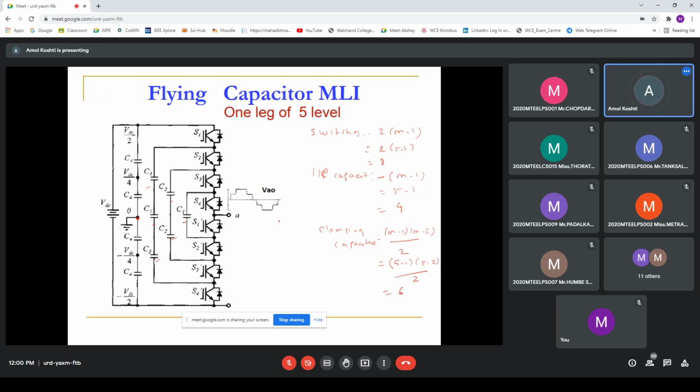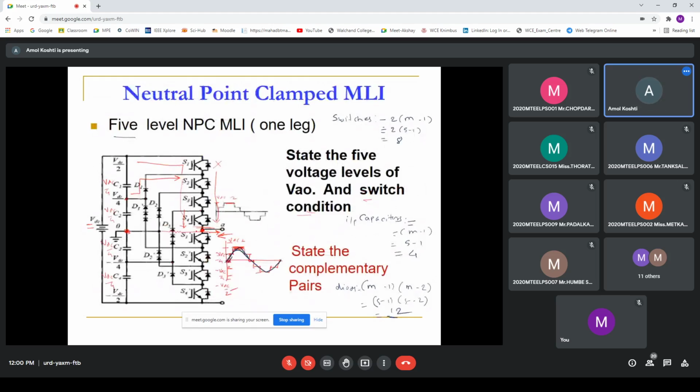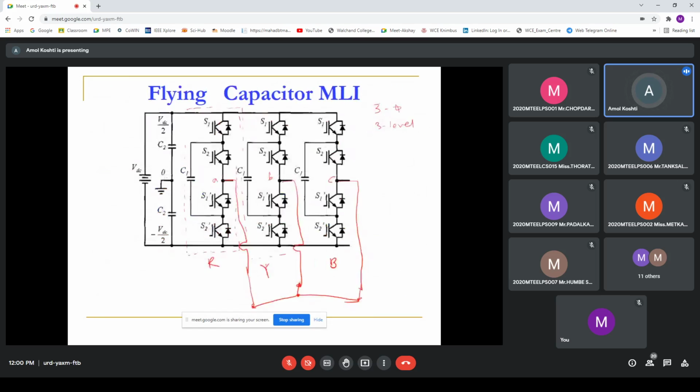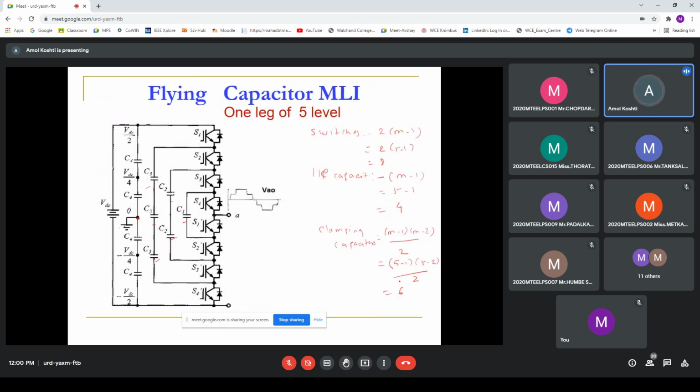If you see this diagram, the diode clamp, the count of the diodes is 12, and the count of the clamping capacitors is exactly half of that. Because of this smaller number of clamping components, the complexity of the circuit itself is reduced, so it becomes very easy to construct than the diode clamp inverter.